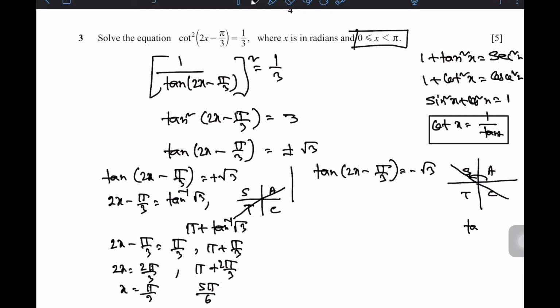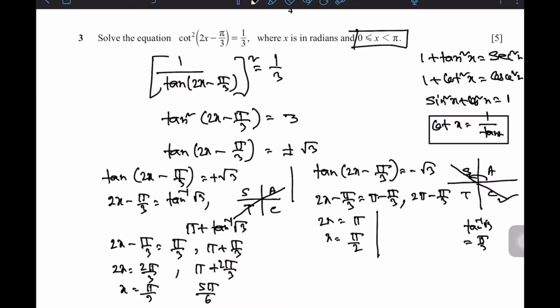In this quadrant it is pi minus pi by 3. So 2x minus pi by 3 equals pi minus pi by 3, and 2 pi minus pi by 3 since in the fourth quadrant. So 2x equals pi, so x equals pi by 2.